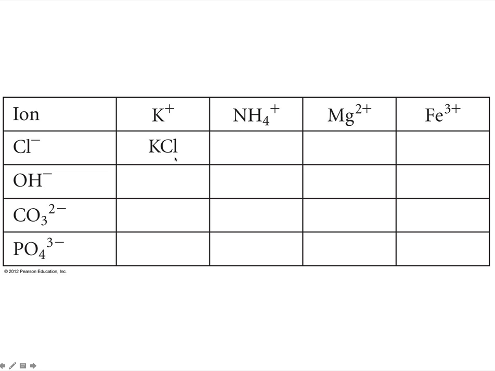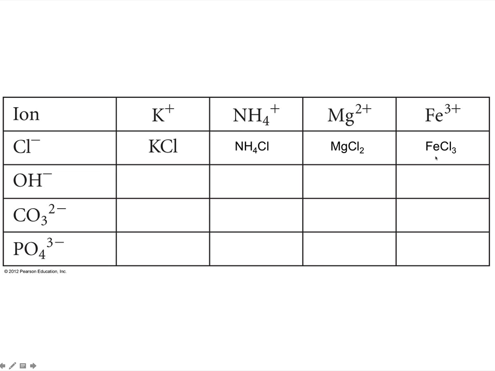One potassium, one chloride to have charge balance. Let's do some others. Ammonium chloride. Again, 1 to 1. One ammonium, one chloride to make a neutral salt. Magnesium chloride. One magnesium, but it's a +2 charge, so I need 2 chlorides, so that's MgCl2.